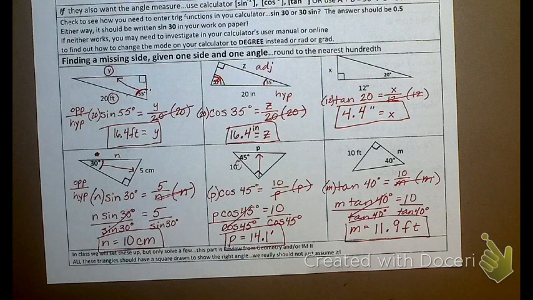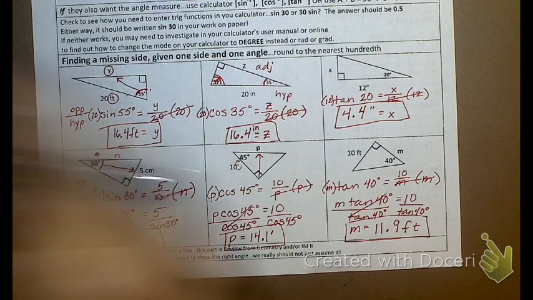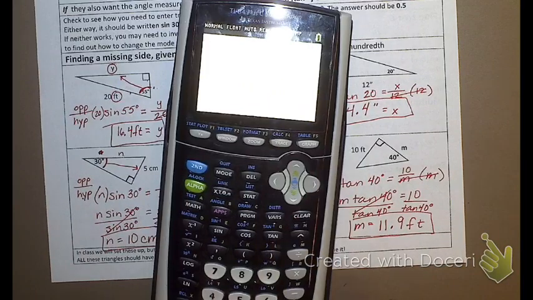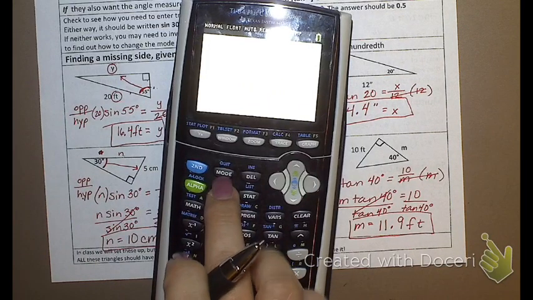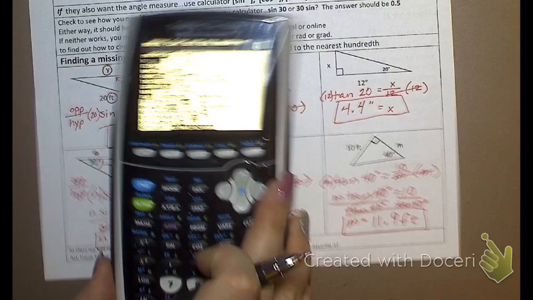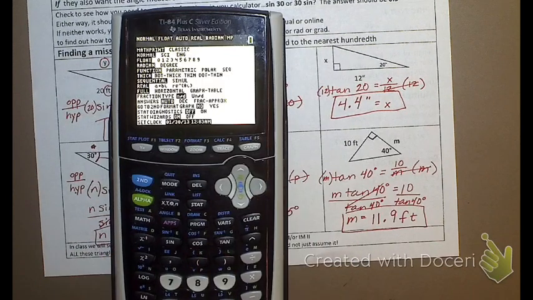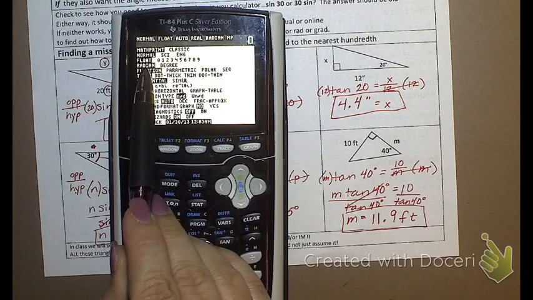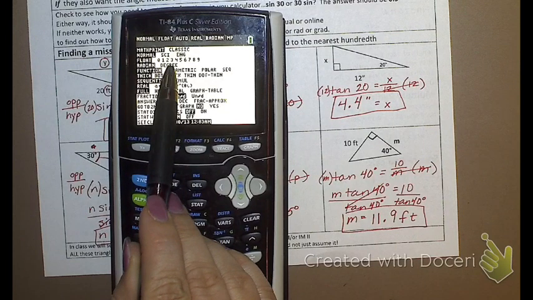Here it is. Okay, I want to show you something if you have a graphing calculator and you keep getting the wrong answer for some reason. When you turn on your graphing calculator, there is a button right here that says Mode. Click on your Mode button, and about 4 down, you have the option of radians or degrees.